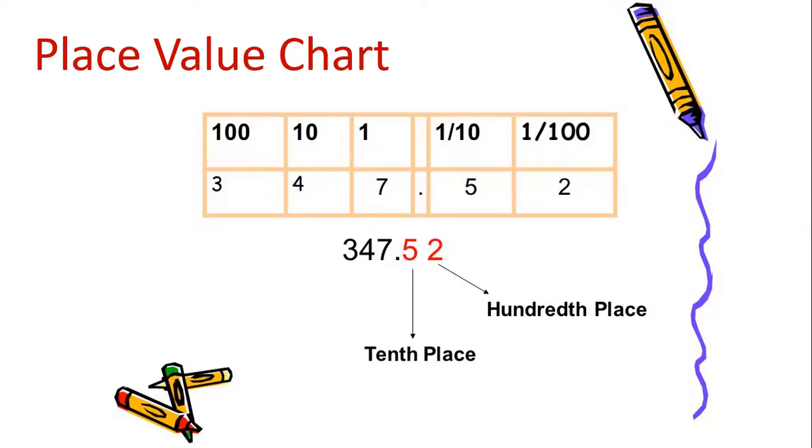Decimal, 3 tenths, 4 hundredths, 2 thousandths. So it will be 2000 plus 400 plus 60 plus 8 decimal 3/10, 4/100, 2/1000.